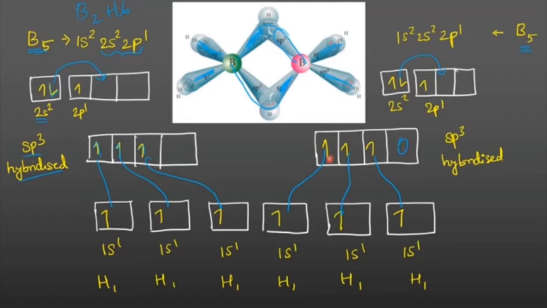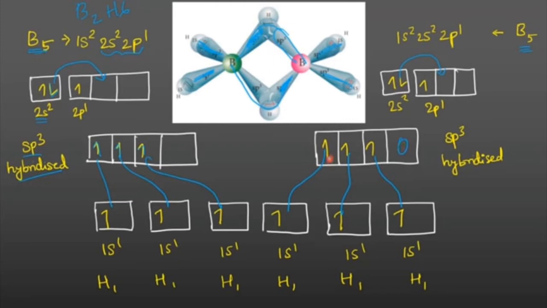2 of the half-filled hybridized orbitals of each boron overlap with the 2 hydrogens to form 4 terminal 2C-2E bonds, leaving 1 empty and 1 half-filled hybridized orbital on each boron.